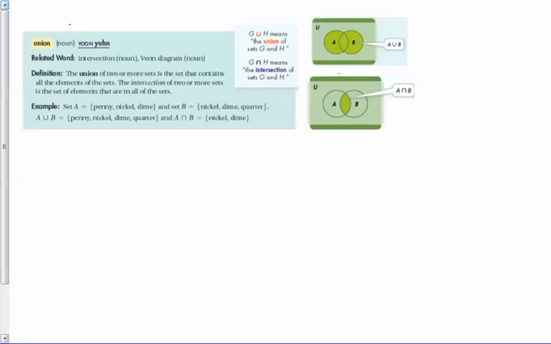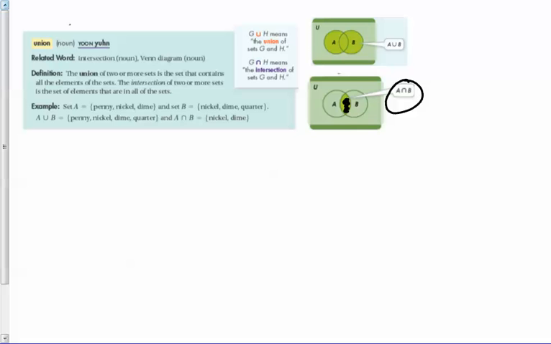Looking at this particular part in our notes, intersection uses this upside down U thing right here. That means intersection. If you think of a Venn diagram, it's the stuff that they share, this stuff right here.